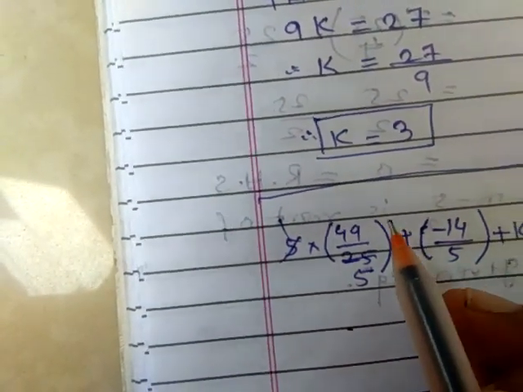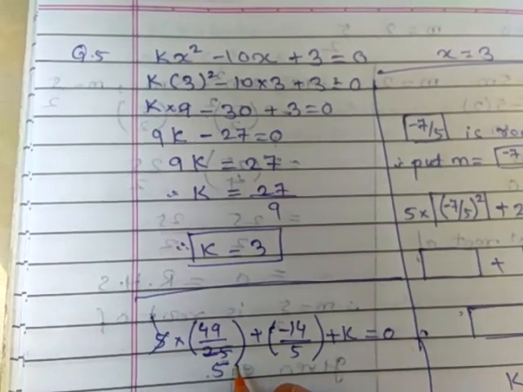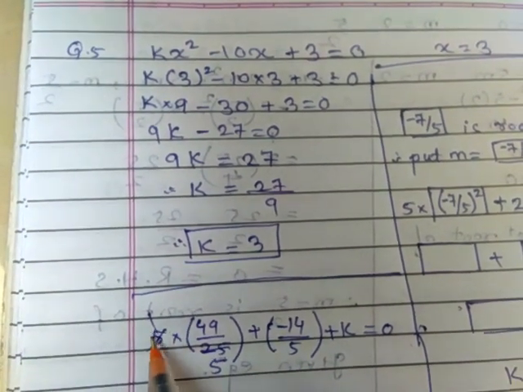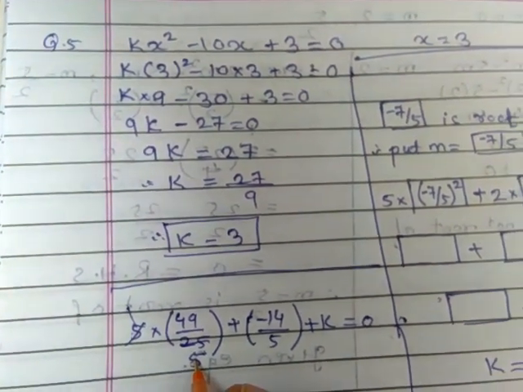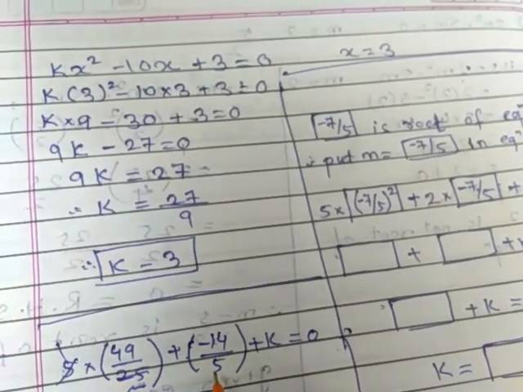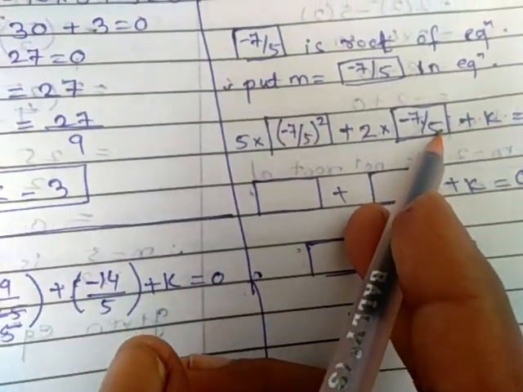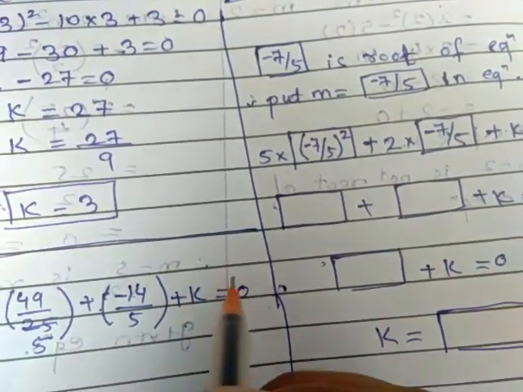Now I have solved here. Minus 7 square is 49 upon 25. Cancel with 5, 5 fives are 25, plus 2 into minus 7 is minus 14 upon 5, plus k.